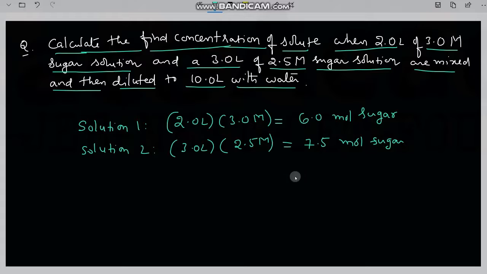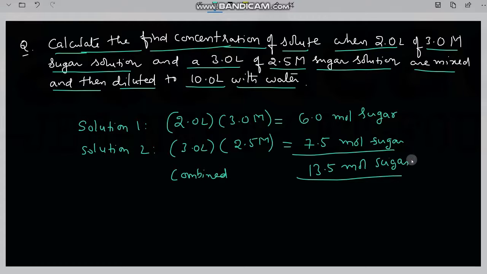This way we got two solutions, and they are mixed, so it is the combined solution. The total is 13.5 moles of sugar in the mixed solution. Then what is the final concentration?